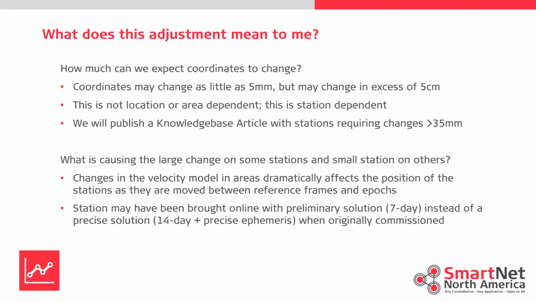If we're changing the velocity of a station by 2 or 3 millimeters and we're projecting it 10 years, that means that's a 2 or 3 centimeter change in position than what we had before. So these millimeter level changes in velocities because of better velocity models can make an appreciable difference on the actual station broadcast coordinates.